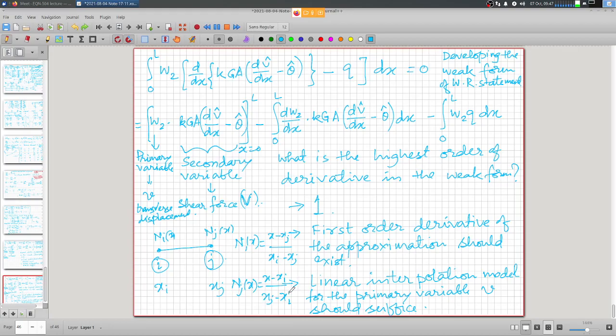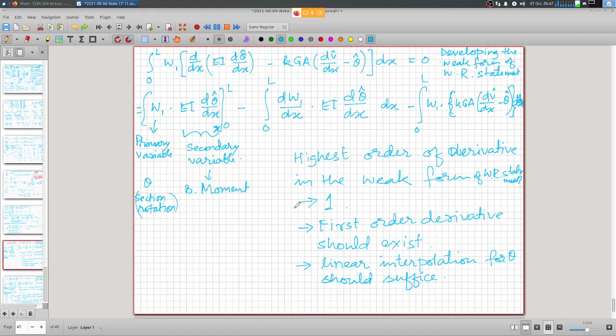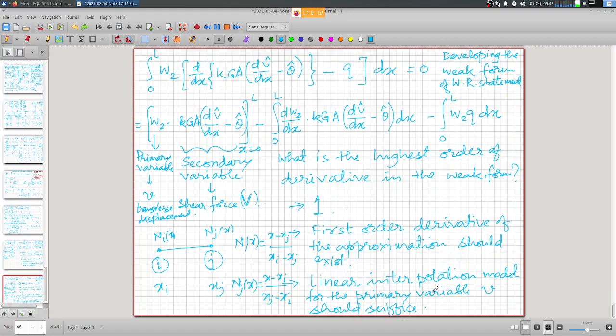That's all. And since for theta we need a linear interpolation model, and for V we need a linear interpolation model, the interpolation model is the same, so both of them can be interpolated in terms of the same shape functions. So identical interpolation functions should suffice.